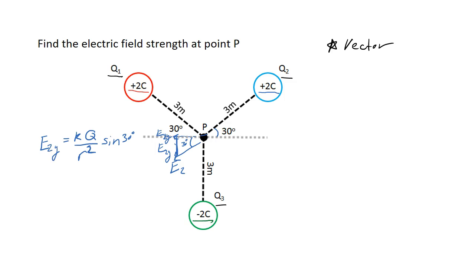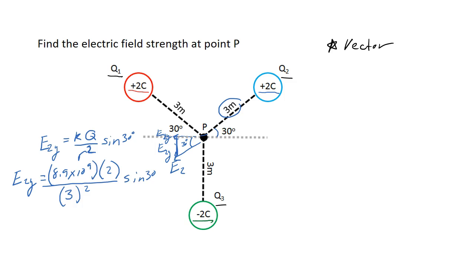Okay, so I need to do some substitution. E2y is equal to Coulomb's constant, 8.9 times 10 to the 9, times a charge of 2 coulombs divided by the distance, which is 3 meters to the point, squared, times the sine of 30 degrees.